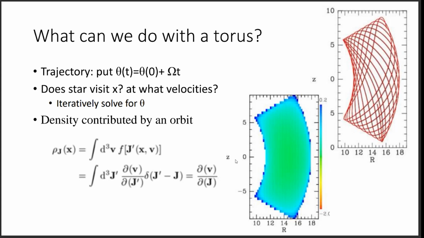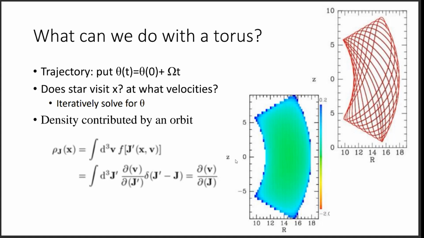So the distribution function is this, and d cubed v can be written as d cubed J prime times the Jacobian of v with respect to J prime. Obviously the Dirac delta gets rid of the integral, and we conclude that this density is equal to dv by dJ.